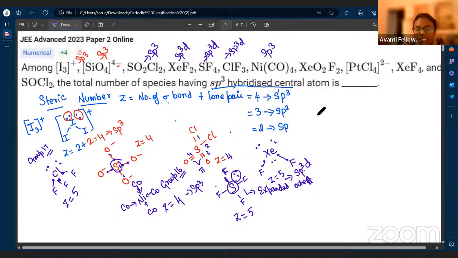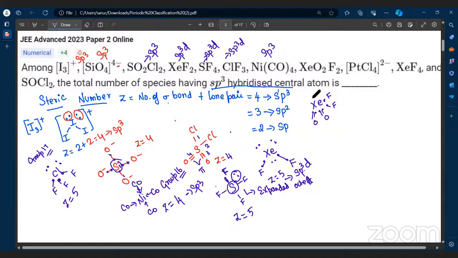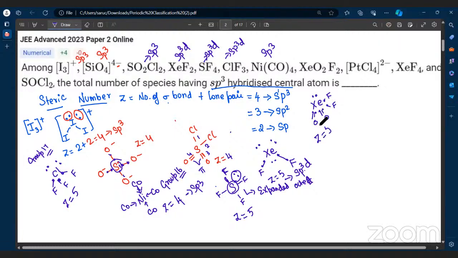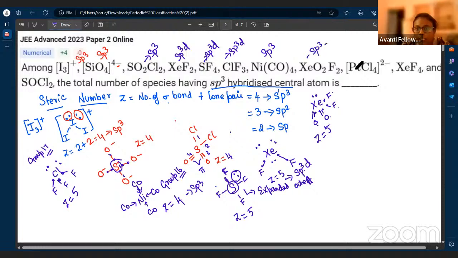Now moving to XeO2F2. Double bonds to O, and F and F. So you have 1, 2, 3, 4, 5, 6 electrons. How many lone pairs on xenon? One lone pair. So Z over this XeO2F2 is going to be 5. 1, 2, 3, 4, 5. So it is sp3d.